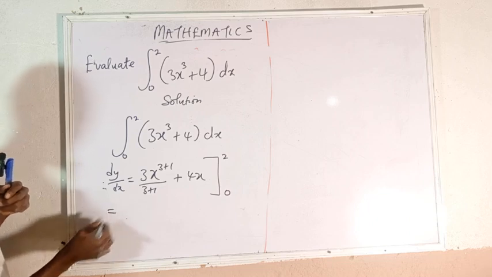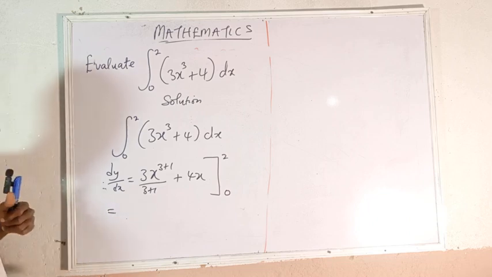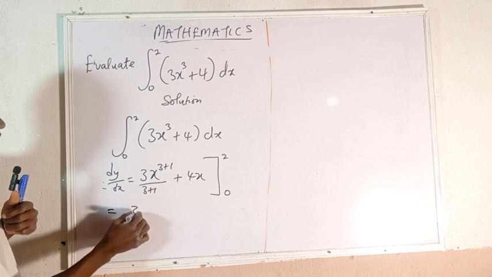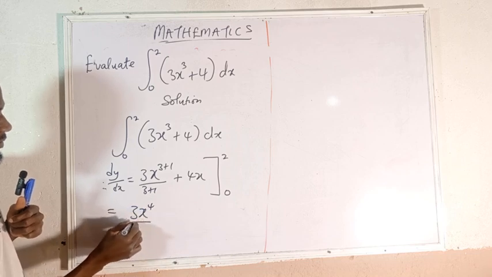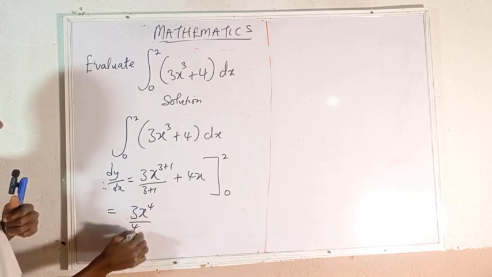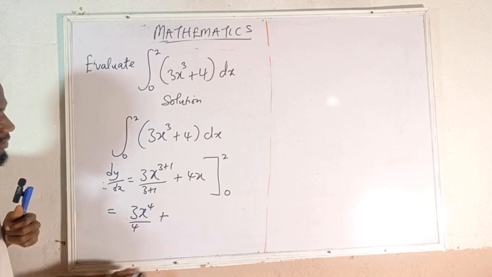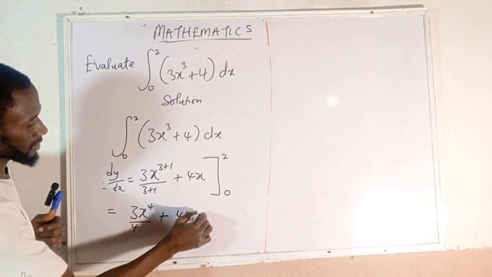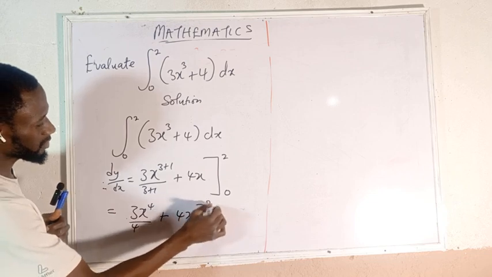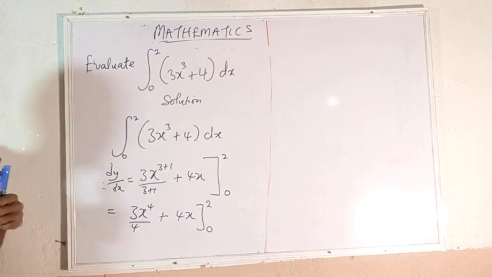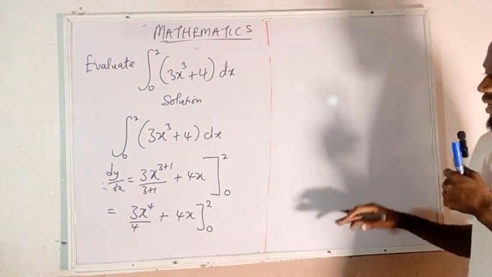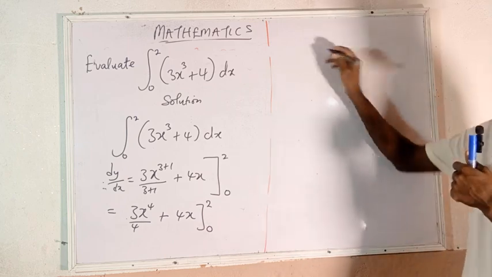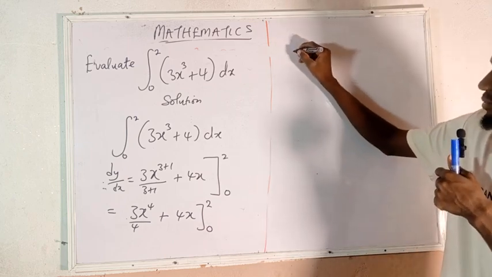Now we can say this is equal to 3x to the power 4 all over 4 plus 4x with the upper limit of 2 and 0. That is to say, let's use the limit as x is equal to 2.